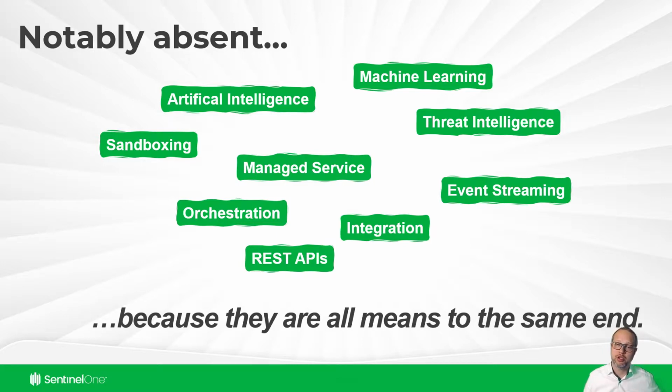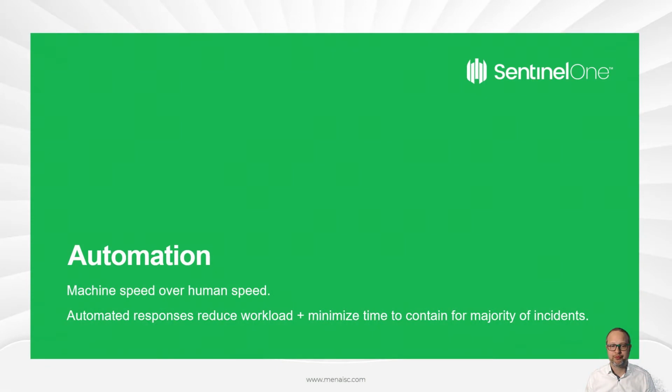Whatever brings me to having optimal time to containment is the right technology choice for me or for your organization. And we can talk about those buzzwords and geek out about them at any time, and I'm really happy to do that. But let's keep the objective in mind, that the objective is keeping time to containment low.